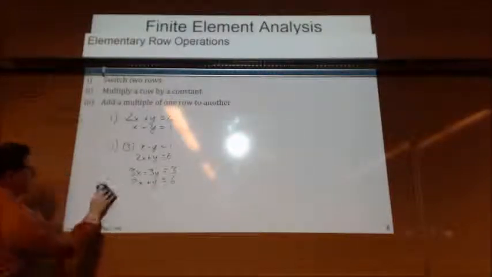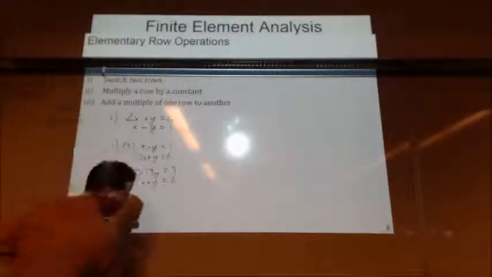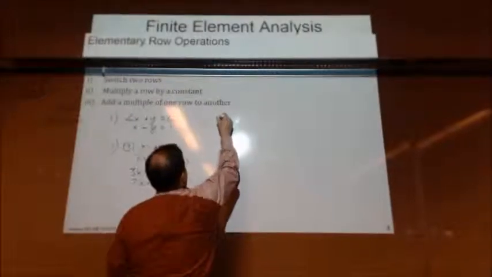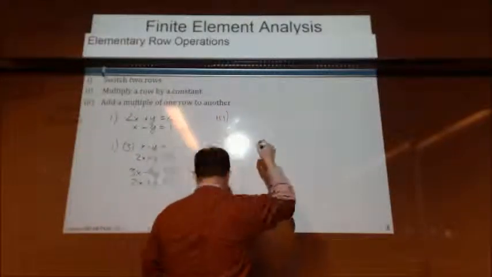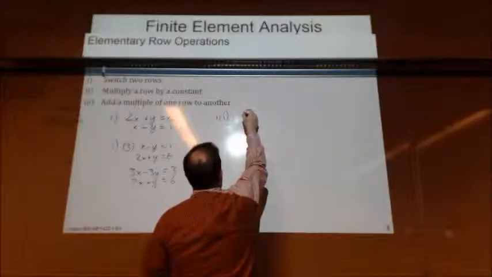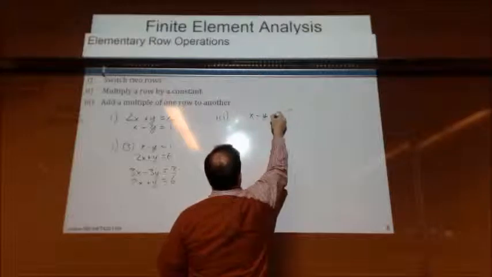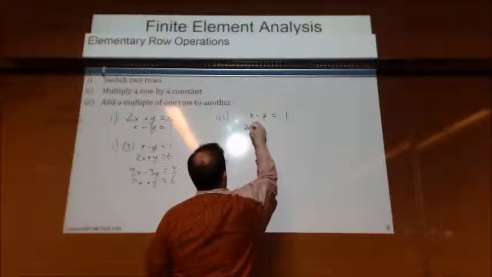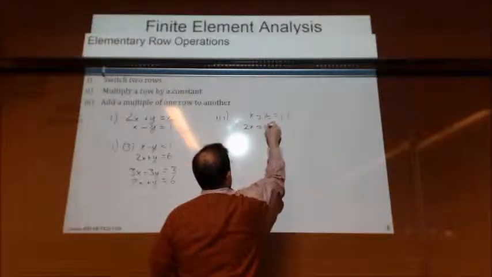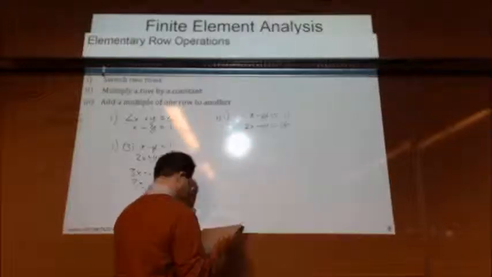And the third rule. For example of the third rule is where we got x minus y equals 1, 2x plus y equals 6.